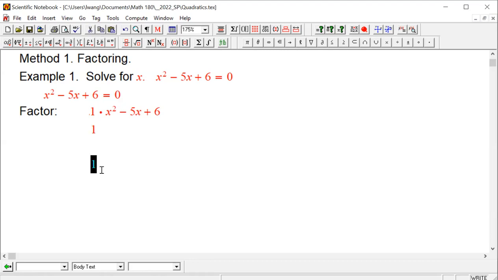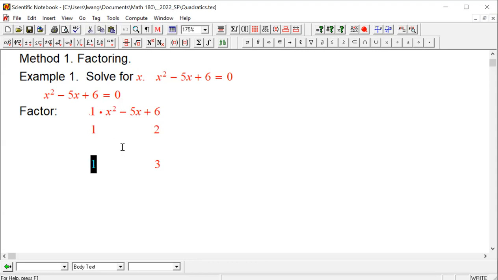That's what's in my mind. And next, I'm looking at the 6. 6 equals 2 times 3. So I set up 6 equals 2 times 3, and 1 equals 1 times 1.